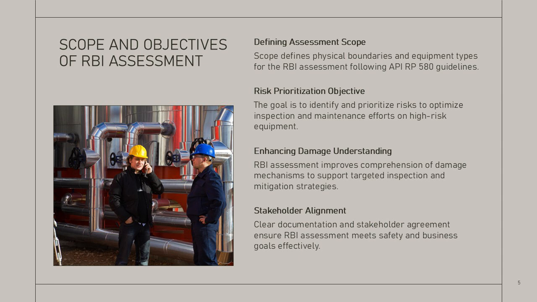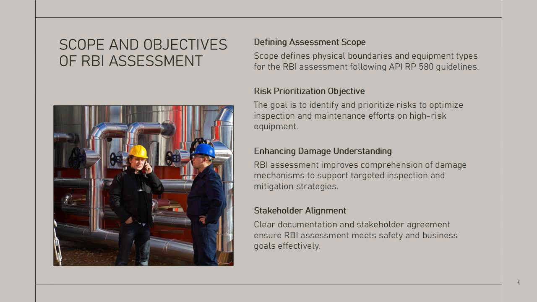The primary objective of an RBI assessment is to identify and prioritize risks so that inspection and maintenance activities can be focused on high-risk equipment. This prioritization enables more effective allocation of resources, reducing unnecessary inspections on low-risk items while increasing attention on equipment with higher potential consequences or likelihood of failure.